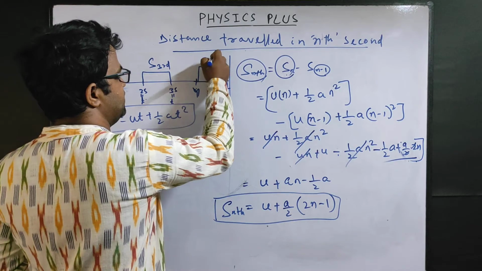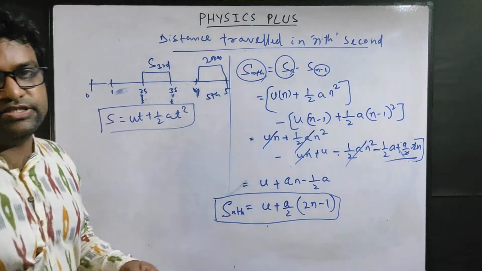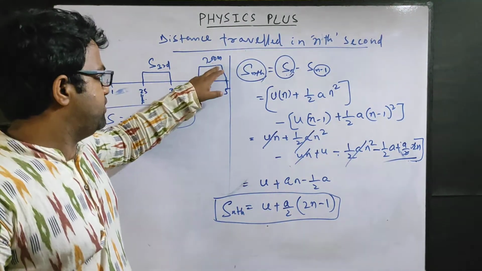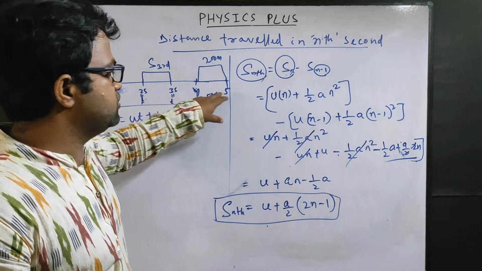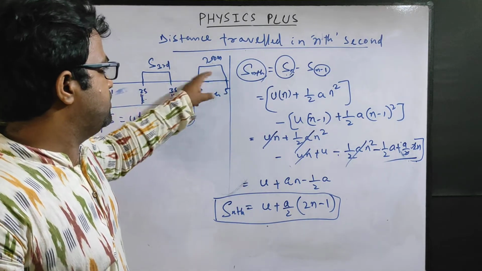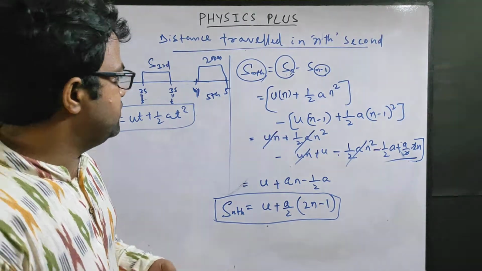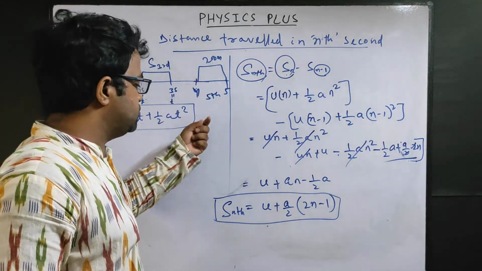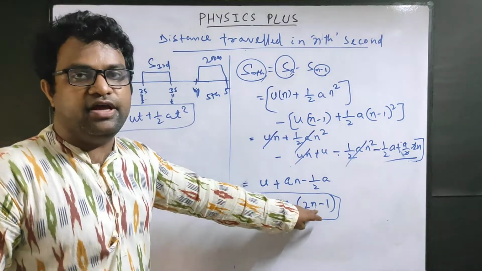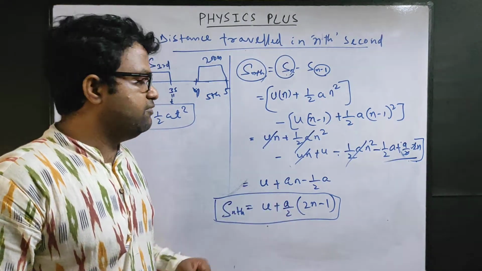Let's say the object has traveled 200 meter in the fifth second, so this is called fifth second. So n here will be 5.